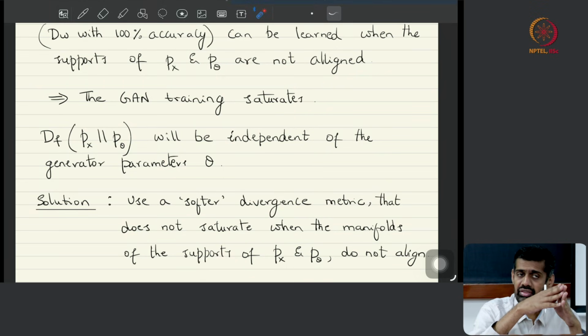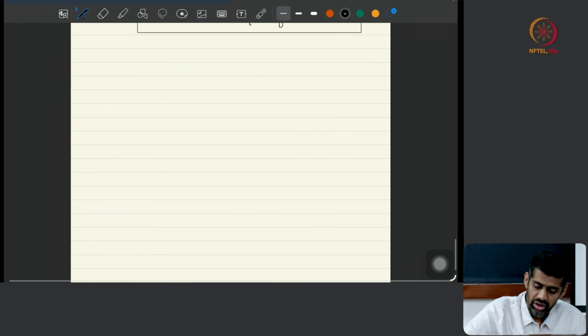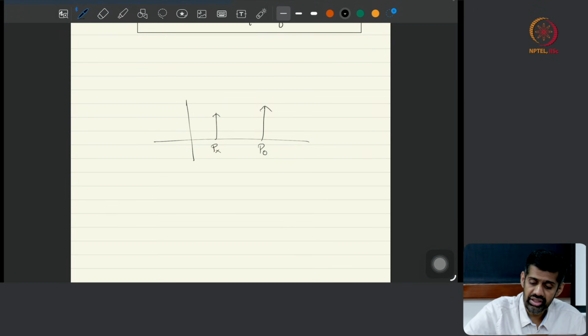Let me write it here. Let us say that we are operating in 1 dimension and we have two distributions like this. Let us call this Px and this P theta. This is the theta axis and this difference is theta.